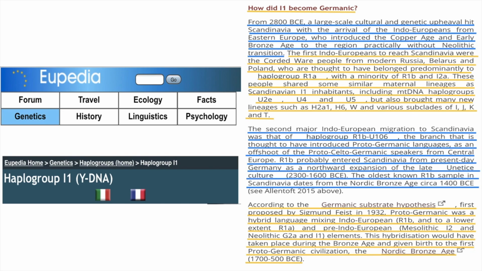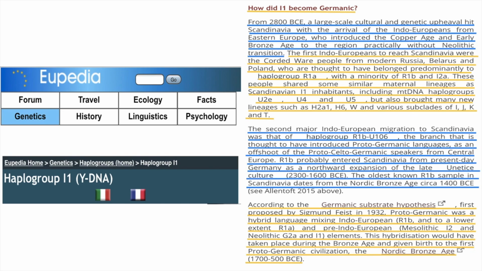The second major Indo-European migration to Scandinavia was that of haplogroup R1b-U106, the branch that is thought to have introduced Proto-Germanic languages as an offshoot of the Proto-Celto-Germanic speakers from Central Europe.